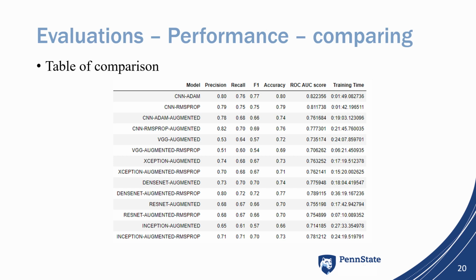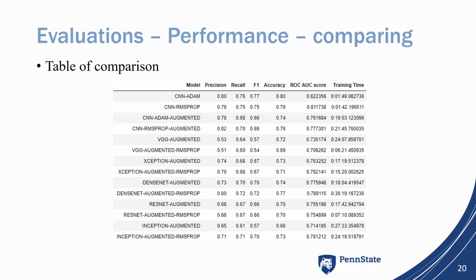In terms of macro average F1 score, baseline CNN with non-augmented images and ADAM optimizer has the highest score among all models with 77%, and the VGG with RMSprop optimizer has the lowest score with 54%. We can conclude that in terms of balance between precision and recall, VGG RMSprop is the worst of all models.